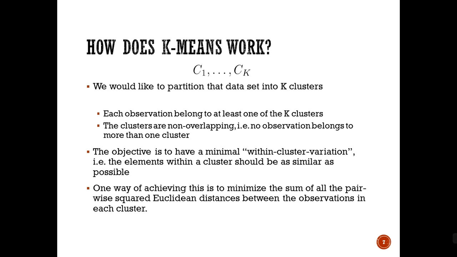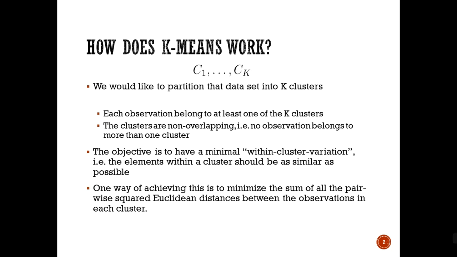On the other hand, if all the assignments are fixed, we know that the sample mean minimizes the sum of squares, and that's why each of those steps necessarily makes the criterion go down. That's why the algorithm converges to the minimal point of the objective function, the within-cluster variation.